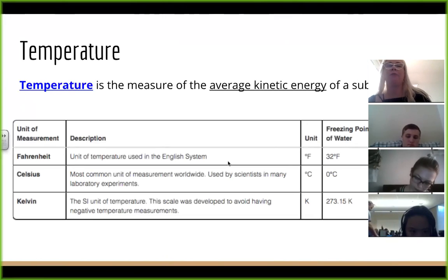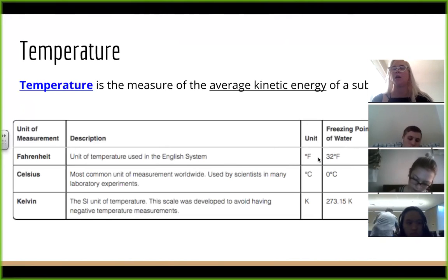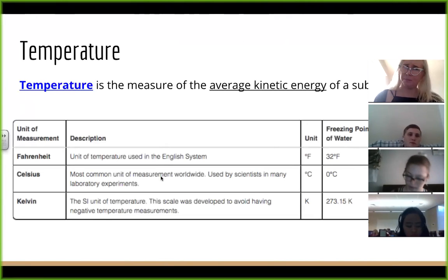And we have 3 units that we use to measure temperature, right? We're probably very familiar with Fahrenheit, since that's what we hear about all the time here, right? You might also be familiar with Celsius, especially if you have family in Europe, right, where they use Celsius. So those are the 2 that we're most familiar with.